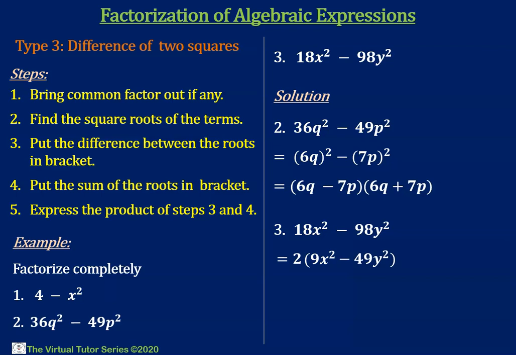Step 2. The square root of 9 is 3 and the square root of 49 is 7. So we have 2 out with a big bracket opened. 3x all squared minus 7y all squared and big bracket closed.